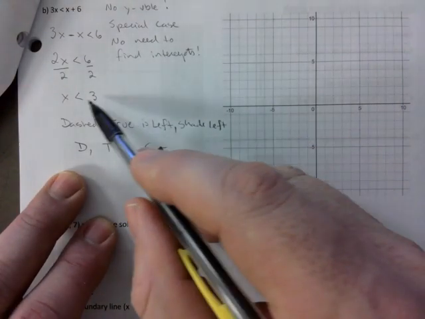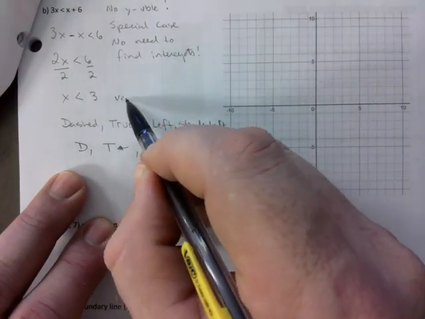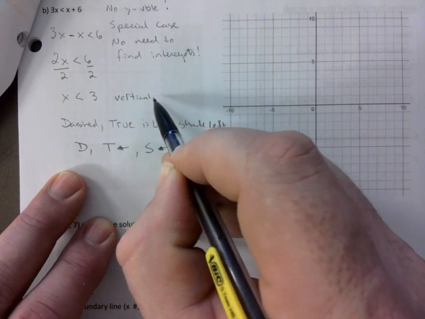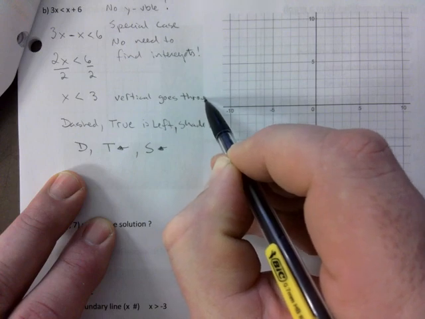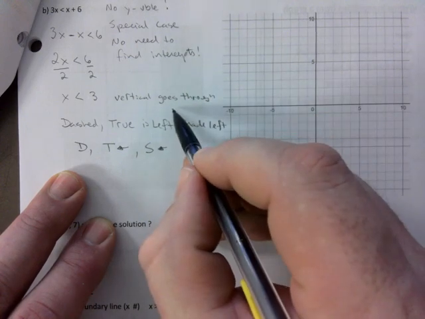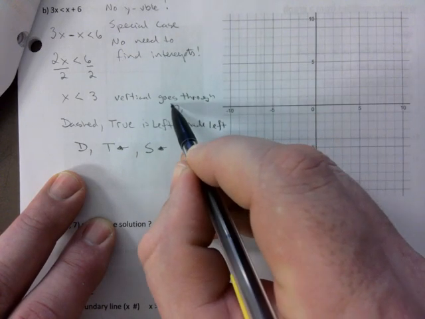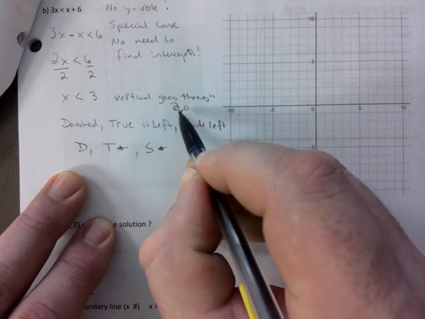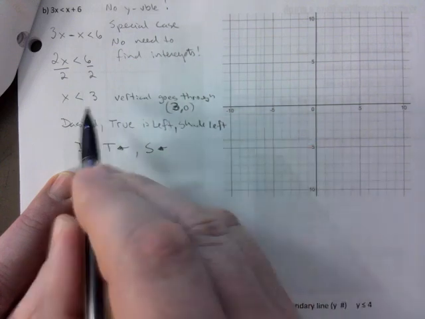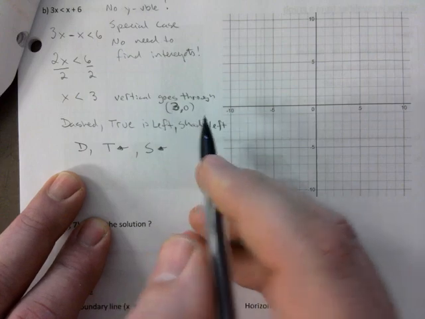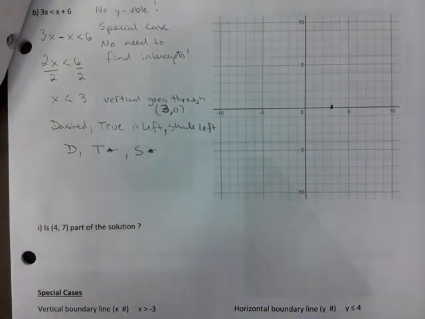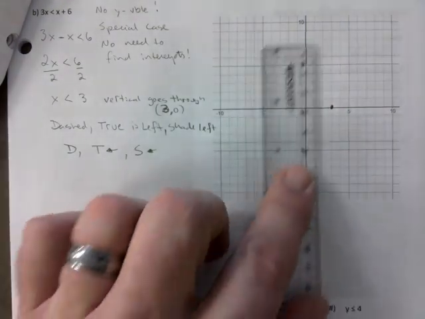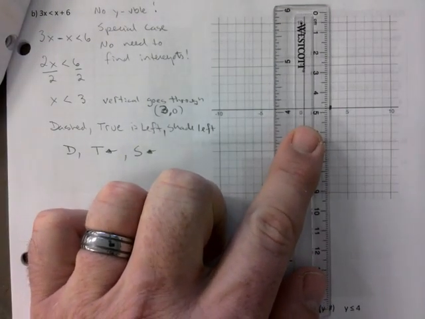Can I just go up to this one real quick? Vertical goes through 3, 0, right? If it's x, it goes through 3, 0. So you just go over here, make a dot, use your ruler. It's going to be a dashed line.